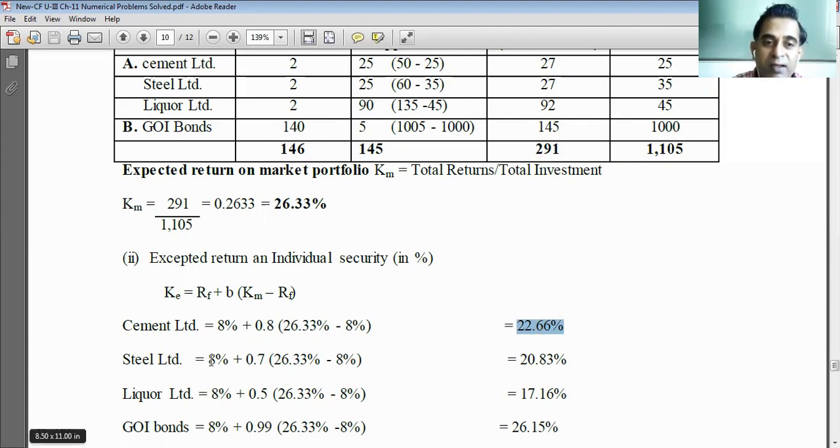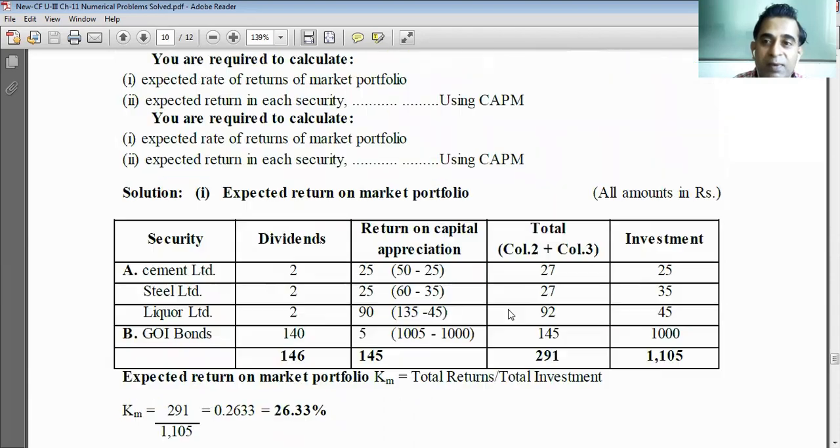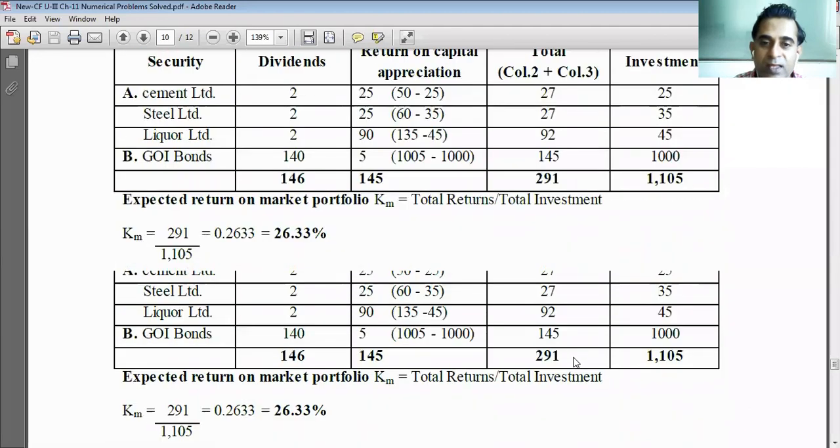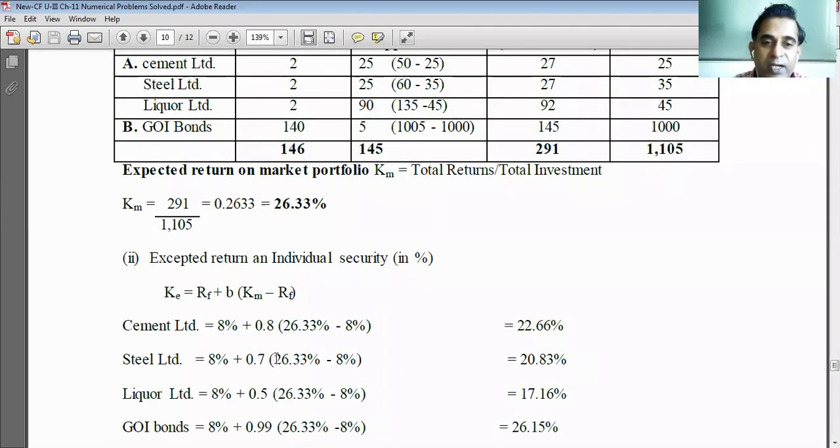Same way for Steel Limited, RF is 8%, common for all, plus the beta factor for Steel Limited, which is 0.7, into bracket 26.33 minus 8. The answer is 20.83%, the expected return on equity shares of Steel Limited, or cost of equity capital from Steel Limited.